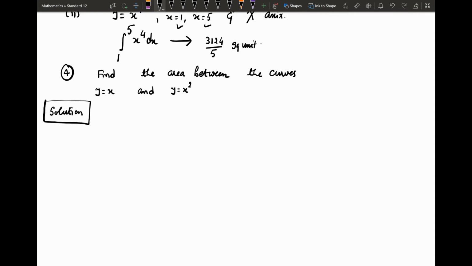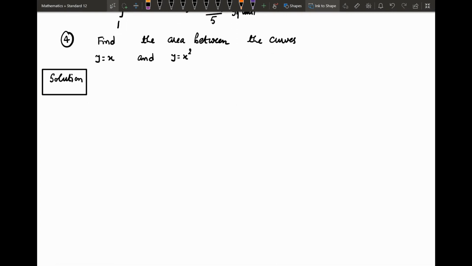Solution. So y equal to x square. X square is positive, so y is positive. So the parabola lies in the first and second quadrant because y is positive. So this is the x axis.